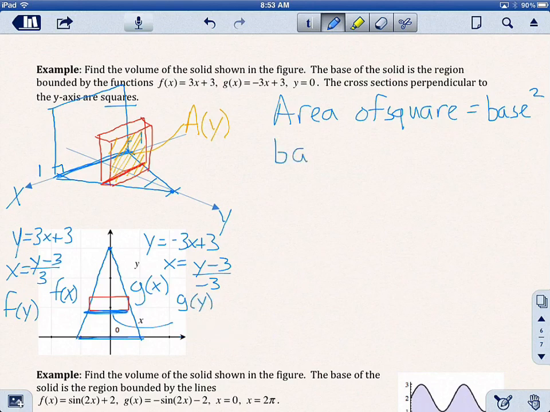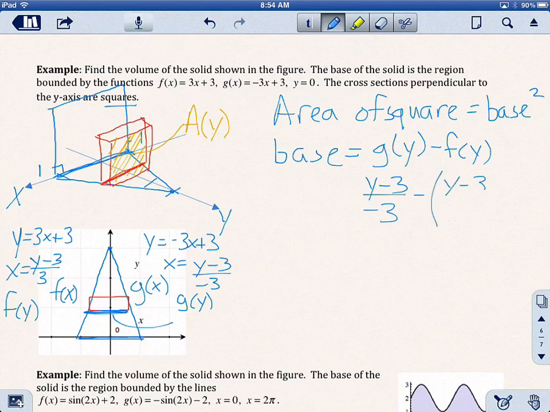And so our base is going to be g of y minus f of y. Okay, so g of y was y minus 3 over negative 3, and then minus f of y, which is y minus 3 over 3.